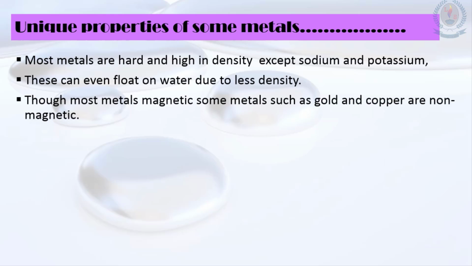And though most metals are magnetic, some metals such as gold and copper are non-magnetic. That means gold and copper cannot attract any metallic things to them. But other metals have magnetic properties.